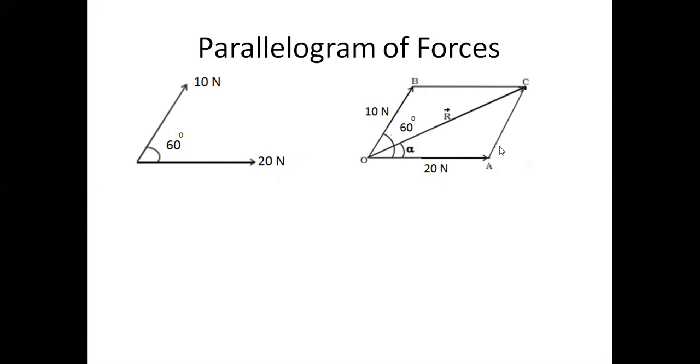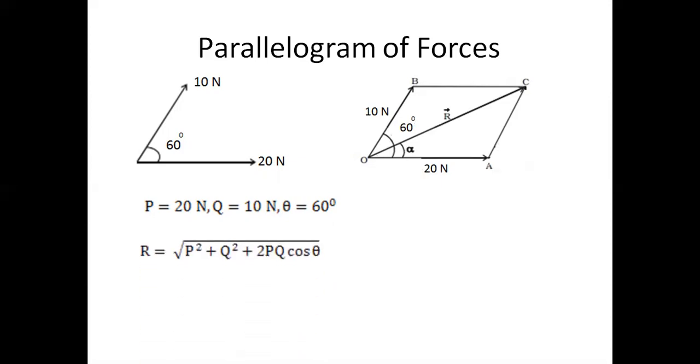So let us find out the value. Here P equal to 20 newtons, Q equal to 10 newtons, and theta equal to 60 degrees. According to the parallelogram law of forces, the resultant R is equal to under root P square plus Q square plus 2PQ cos theta.